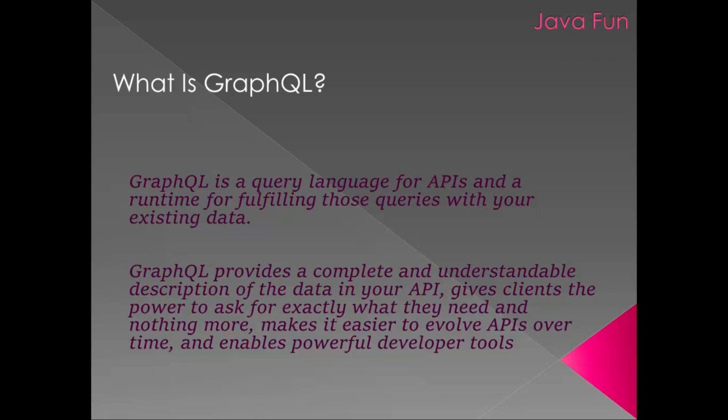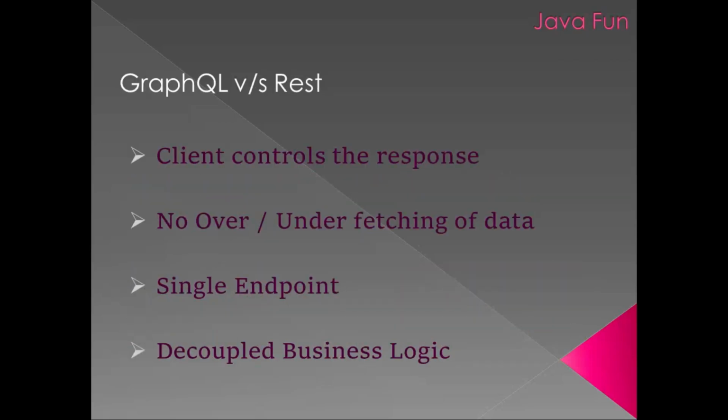With that technology, you cannot restrict or rename the data which has been coming to your system. So it makes it very hard for the clients to work independently. They are always dependent on the server side for the data and for the specification of their APIs. So GraphQL tries to simplify and fix some of those problems.